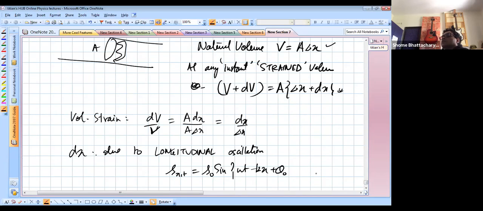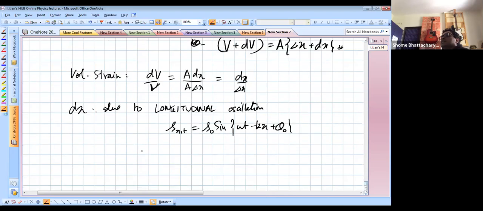This kind of formula. So ds or dx is nothing but basically a small displacement along the x-axis, which we can write as del s by del x times dx.